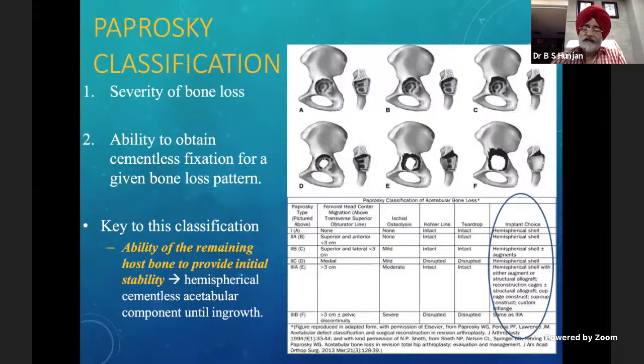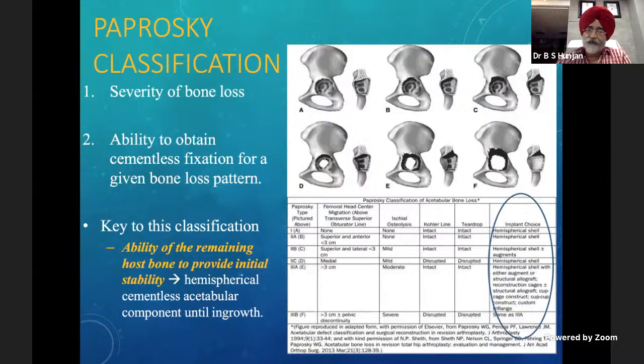Now, the classification of acetabular defects is very, very important to know, because if you know the classification and where we stand as far as the severity of bone loss is concerned, we can pre-plan the surgery: which cup, which graft, and what you want to put at the time of surgery.